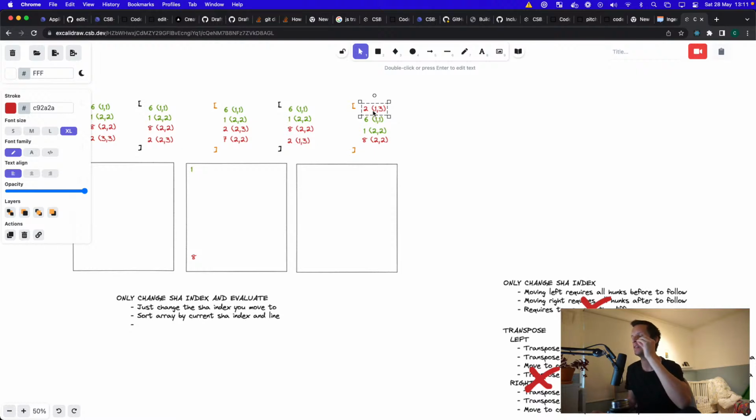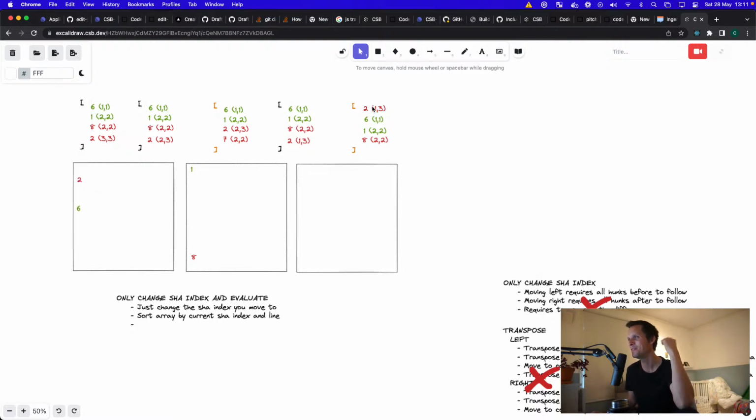Because that's the thing. You're transposing other things related to the thing you moved, but you also have to transpose the thing you move. So this is the thing we move, and this is the stuff affected by the thing we moved.